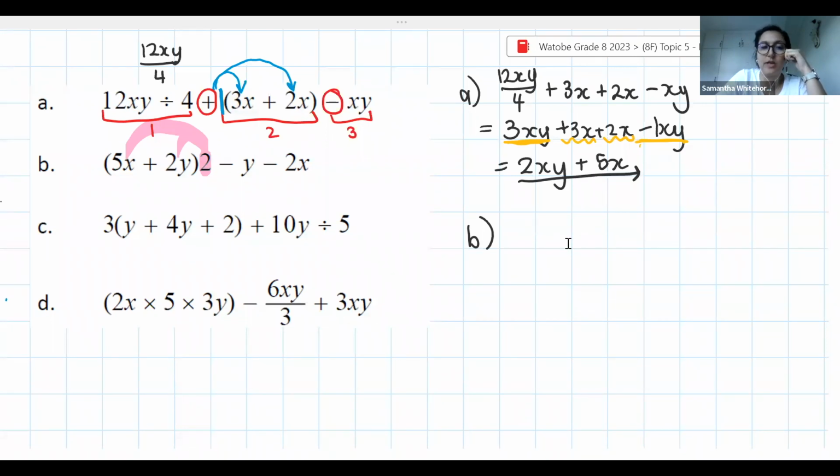Okay, so remember, you're doing question B. I've given you a little hint of what you can start with, that distribution. Seeing some answers coming in so far, very nice. Remember, guys, generally, those variables don't just disappear unless you've got terms that cancel each other out, like 5x minus 5x, which gives you 0.